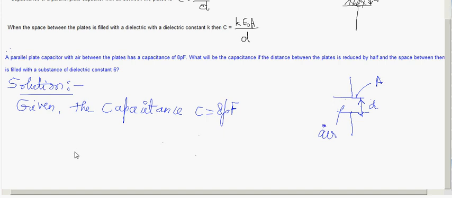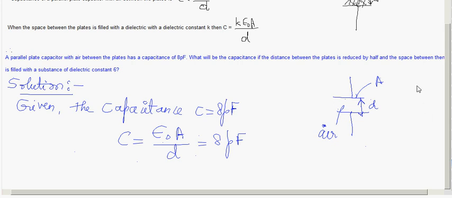This is the first case, and in this case C is 8 picofarad. So C is equal to epsilon naught A divided by D, which is equal to 8 picofarad, because air is filled between the plates.